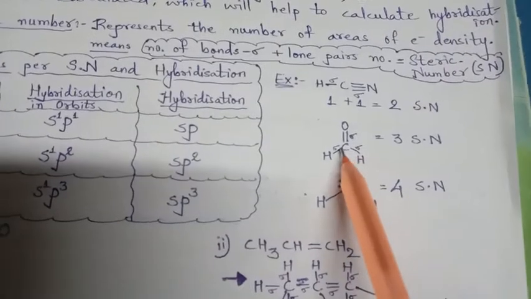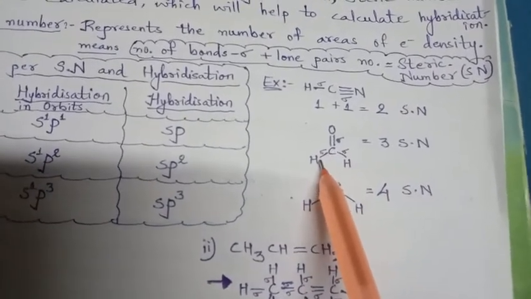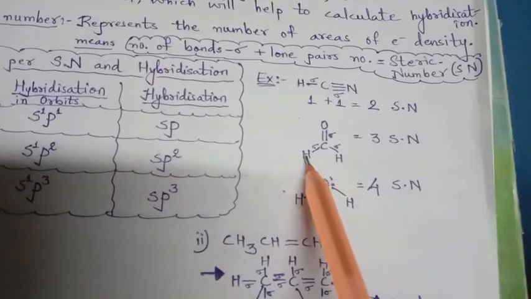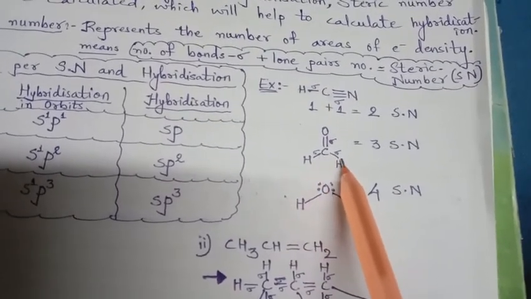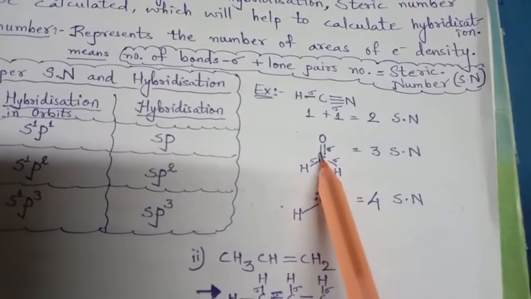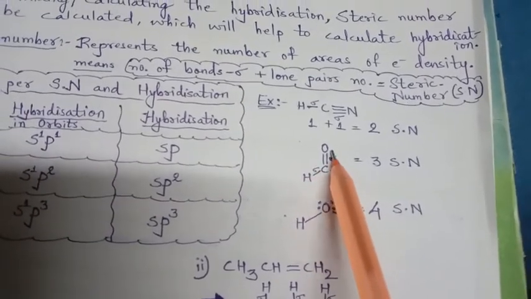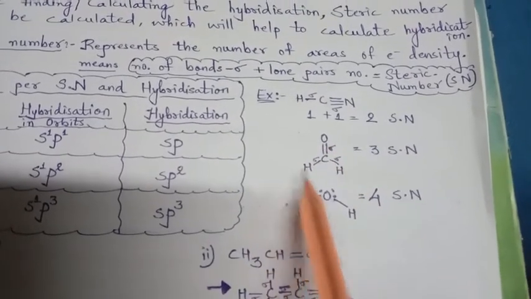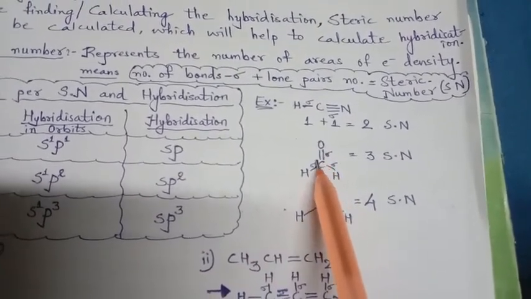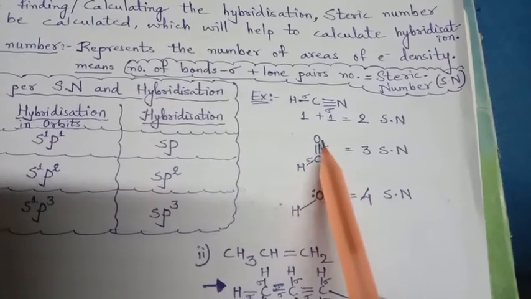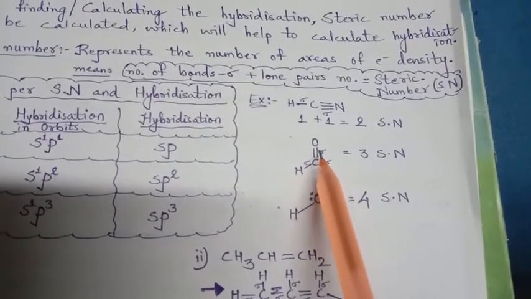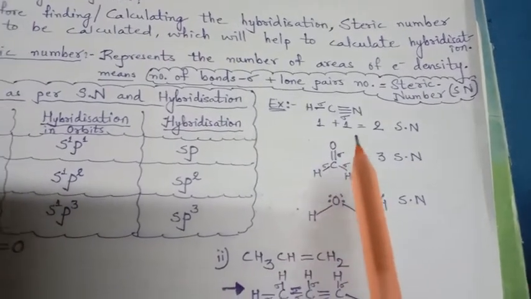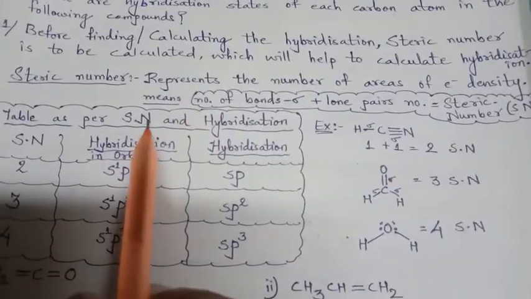In this example, the electrons are making the bond here, so this area is covered. Now here 2 bonds are there, but this complete area is covered, so it is a single area. Whether it is a double bond or a triple bond, the area will be considered as 1. We consider it as 1 area, and the total is our steric number.